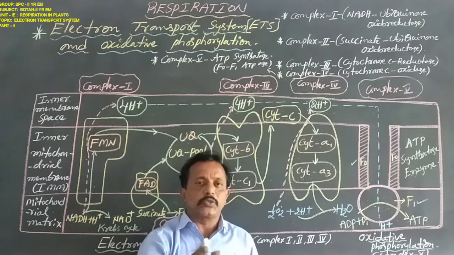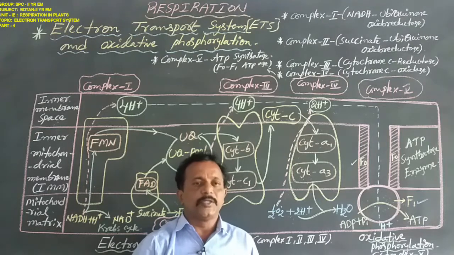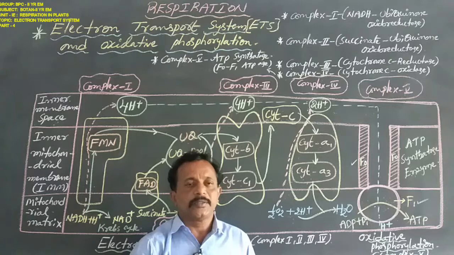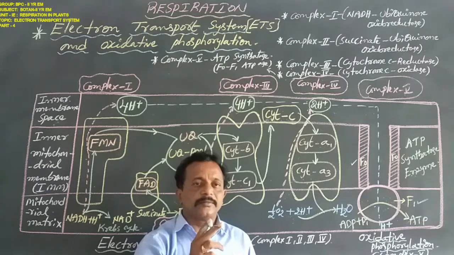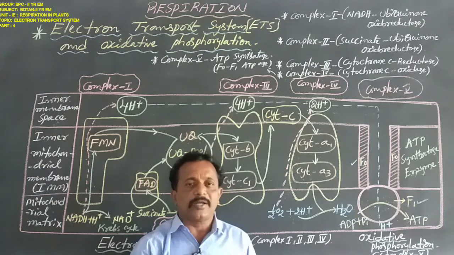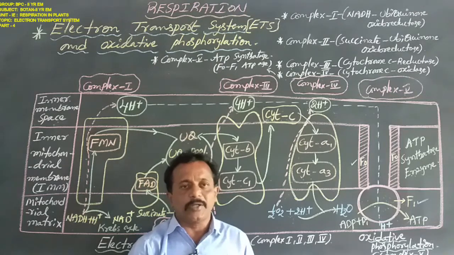Complex 1, complex 2, complex 3, and complex 4 are all involved exclusively in the electron transport system. Finally, the electrons reach molecular oxygen to form 1 water molecule.